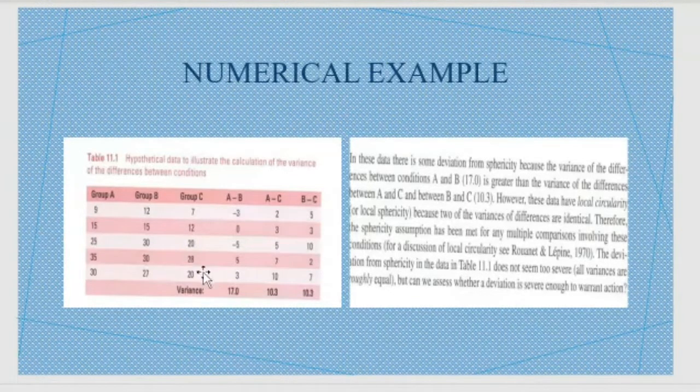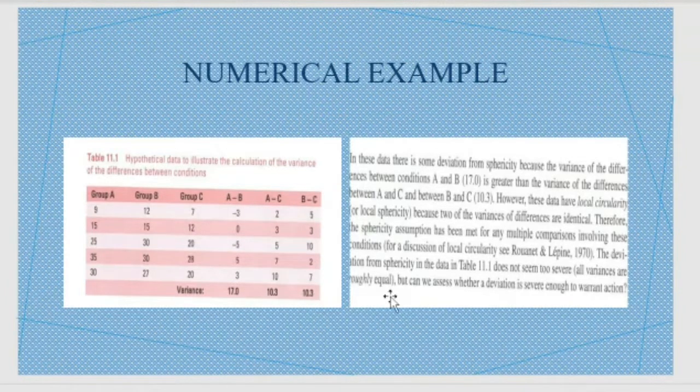Let me come here first. You can see in this example that three groups are here: group A, group B, and group C. The difference between A and B is 17, and A and C is 10, and B and C is 10.3. So these two are equal, but A and B is different from the other two.